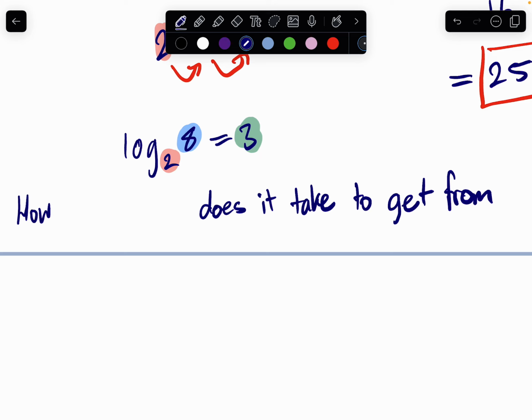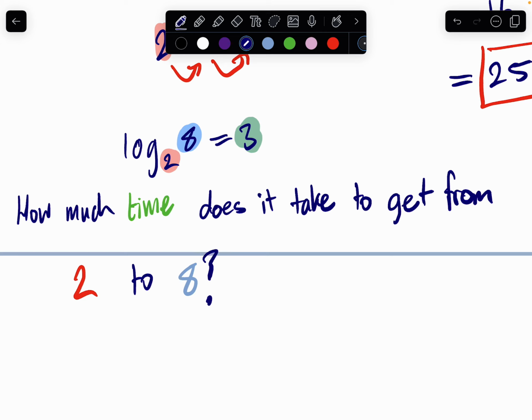How from 2 to 8 if, or yeah, we'll just leave it at that for now.